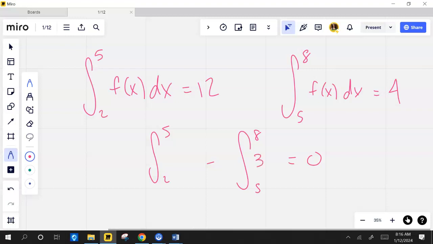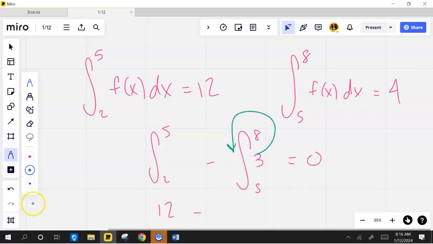So that would be 2 to 5. That would be 12 minus, the point of this one, this is number 48. The point of this one is that you know that 3 can come out, right? So it's 3 times this 5 to 8, which is 12. Well, yeah, that's got to be 0. Oh, 4. My brain's getting ahead of me.